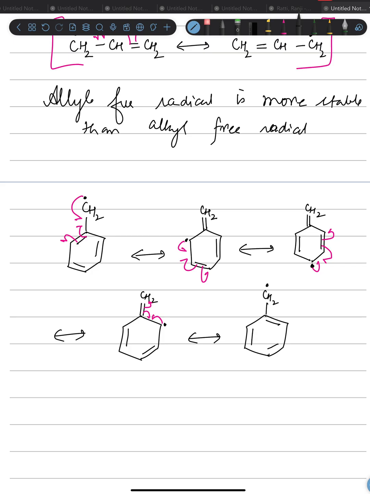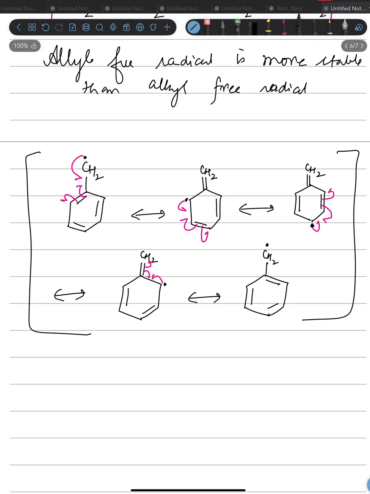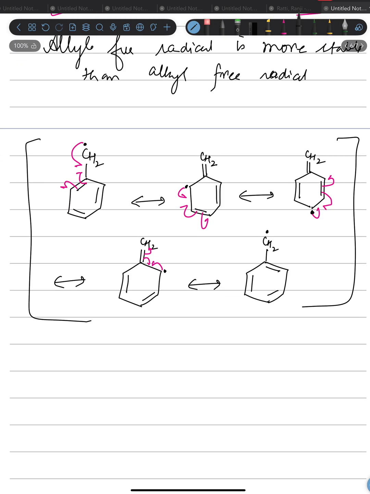So there are 5 resonating structures for benzyl free radical. So it is much more stable than the allyl free radical because there are more resonating structures. So benzyl free radical is more stable.